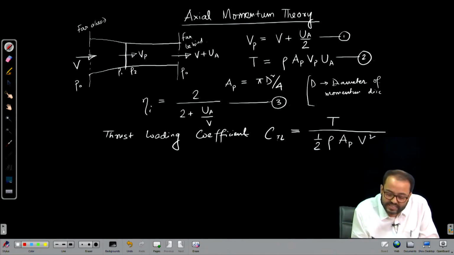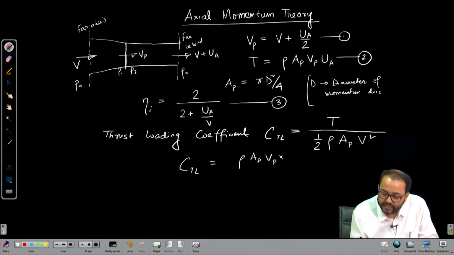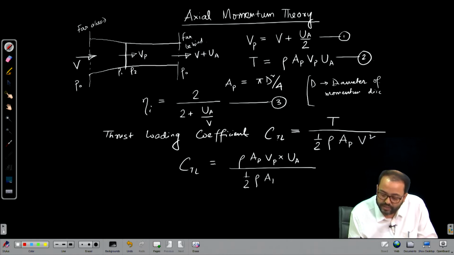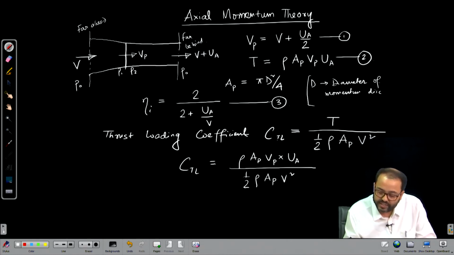So, what is T? T will be rho AP into Vp into UA, and in the denominator we have half rho AP V square. So, rho AP cancels out. What is Vp? Vp is V plus UA by 2 into UA, and we have half V square.